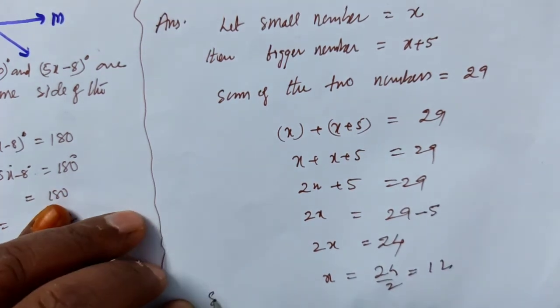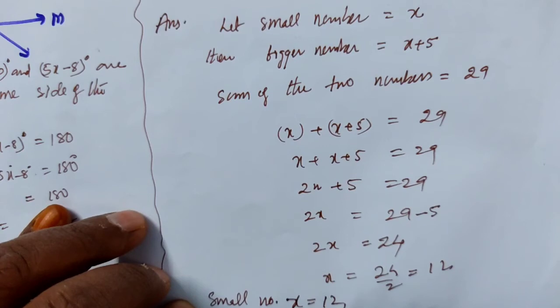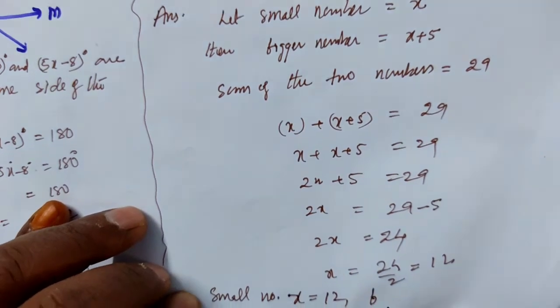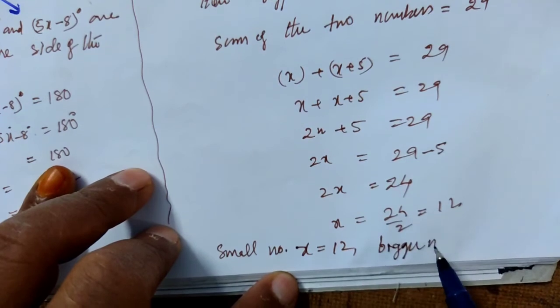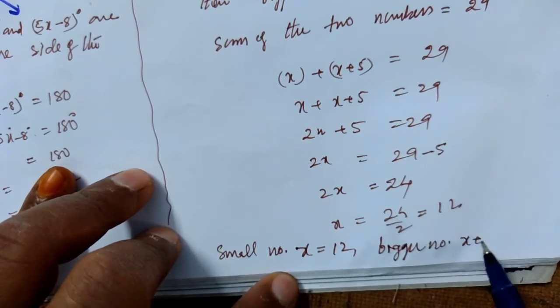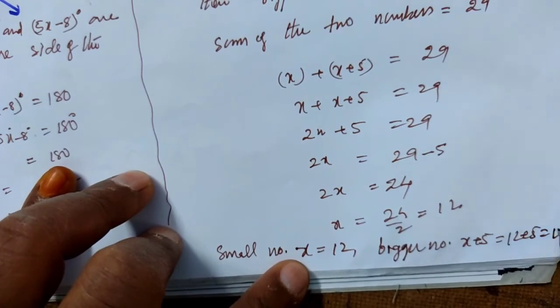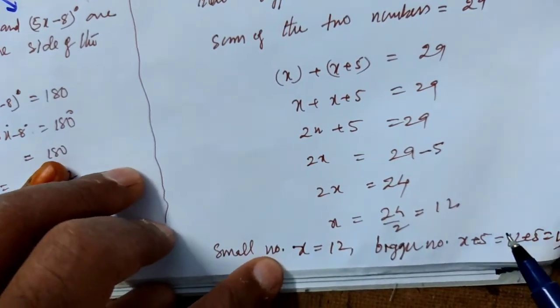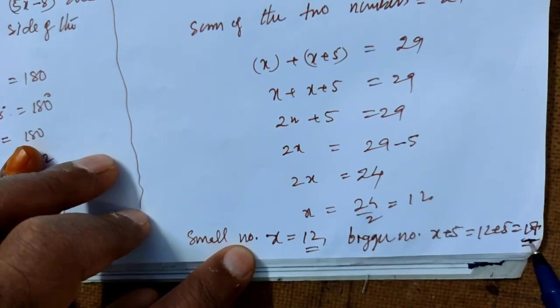So the small number x is equal to 12, and the bigger number x plus 5 is equal to 12 plus 5, which is 17. Okay. So these are the two numbers, 12 and 17.